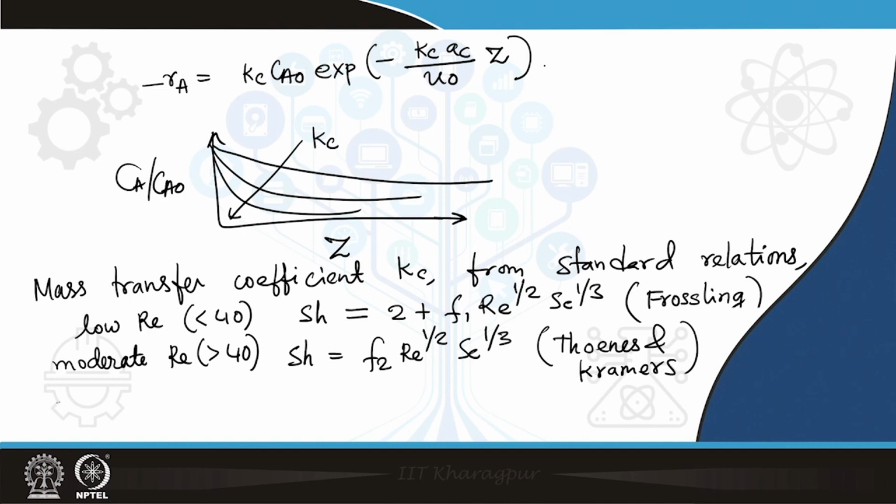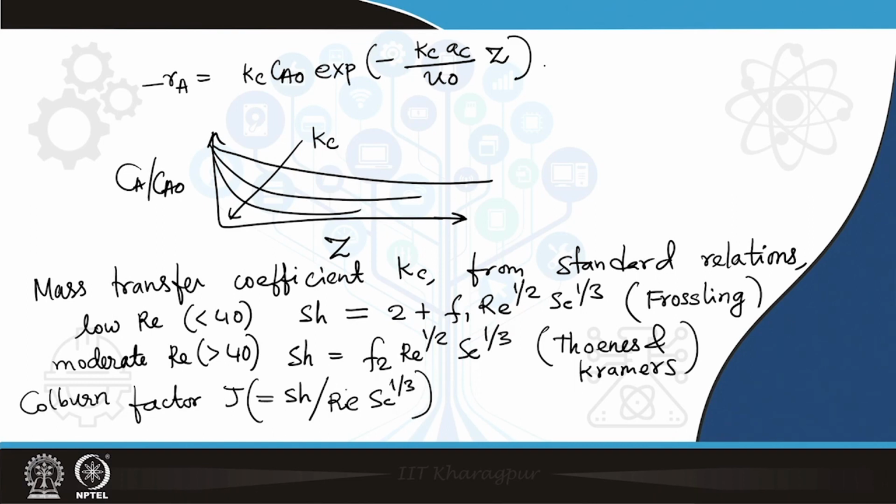You can also use the Colburn factor J. So, based on the Colburn factor J, which is equal to Sherwood by Reynolds Schmidt, if I am not wrong, this is Reynolds Schmidt to the power 1/3 or maybe Reynolds 1/2.